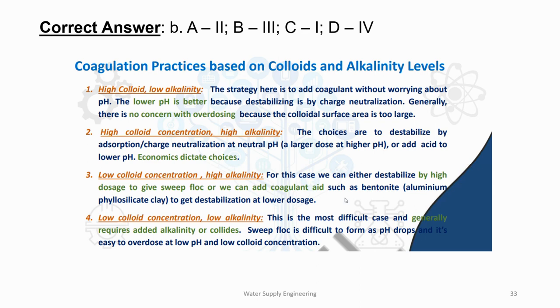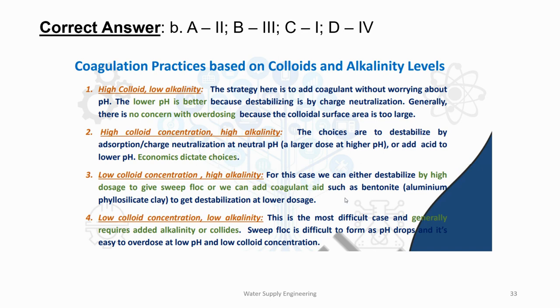Second case is high colloid concentration and high alkalinity. In such a case, there are two choices. One is to reduce the alkalinity first by adding some sort of acid, and then add the coagulant in the required amount. Or the second option is to add larger doses because the alkalinity is high.